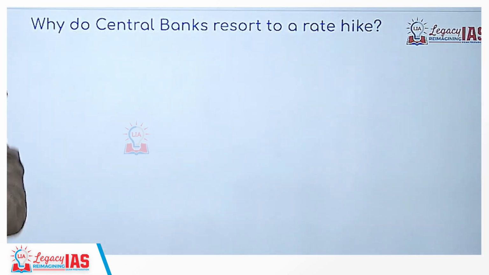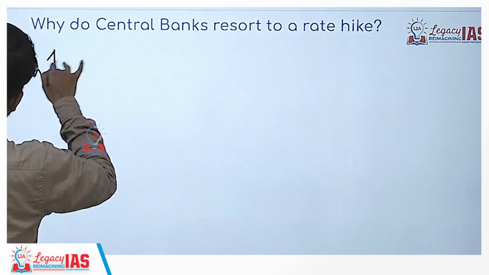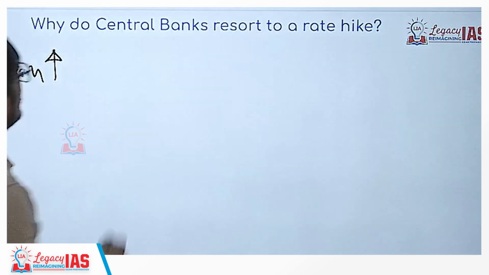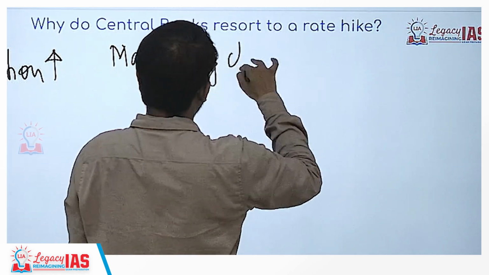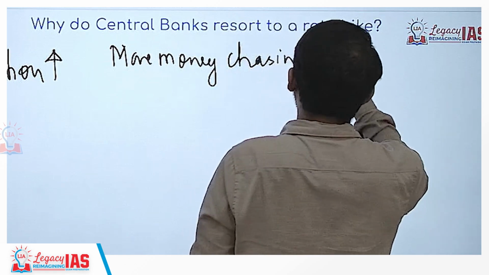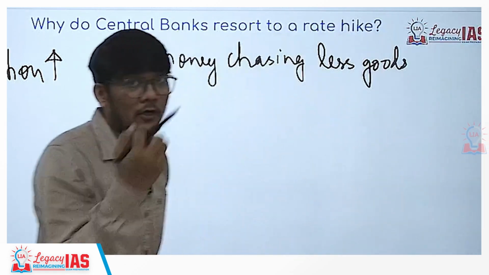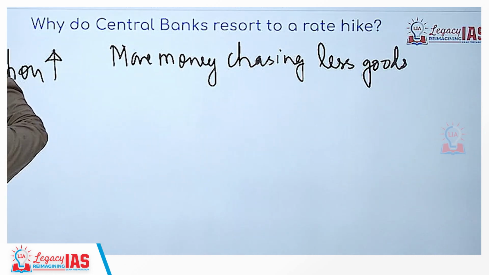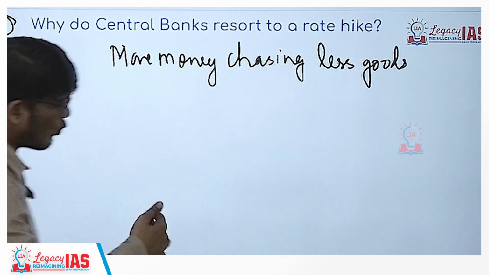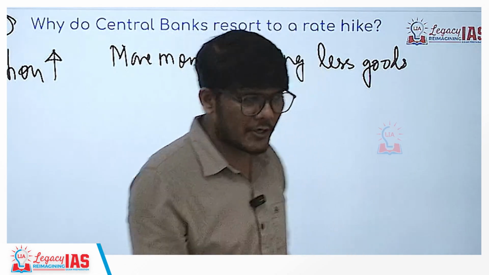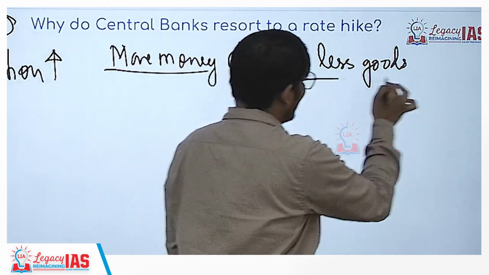So, when inflation is high in the market, that means more money chasing fewer goods. Remember, our RBI also has a target of 4 plus minus 2%. So if inflation is going higher beyond that, we need to control it, bring it down. So inflation higher means more money chasing fewer goods.